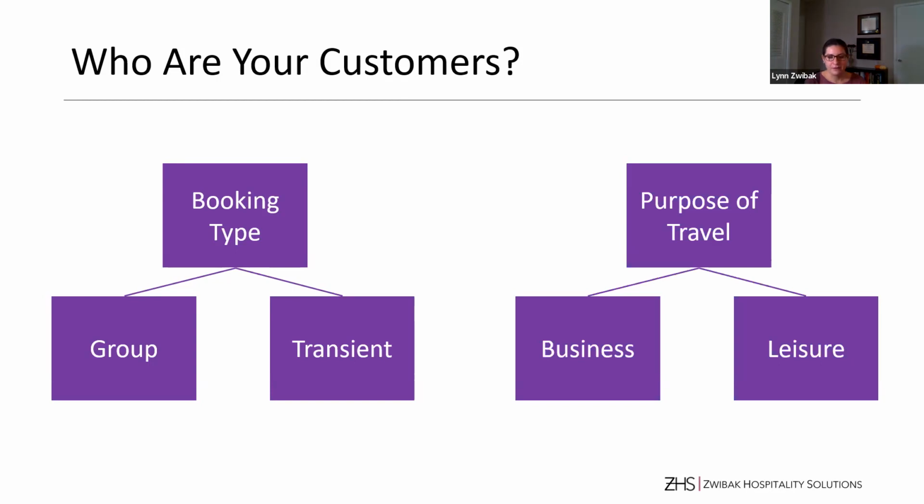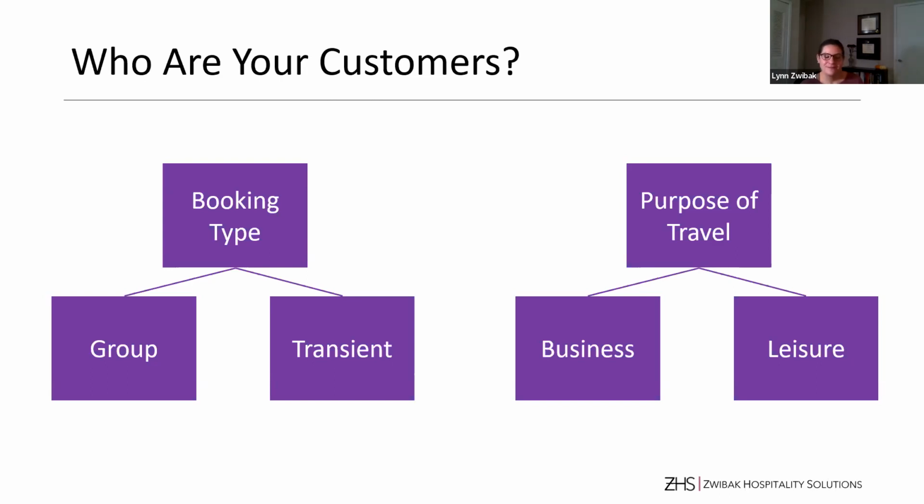These are really broad categories. As systems and customers become more and more sophisticated, this starts to become more and more granular. You get many more rows on the tree. How you break this down is really up to you, frankly probably more up to your PMS and whatever other systems you're using.